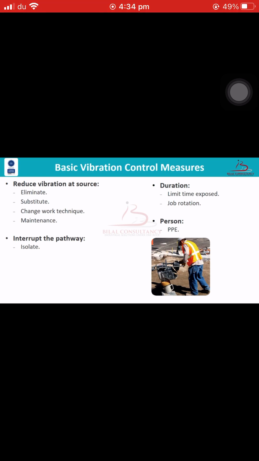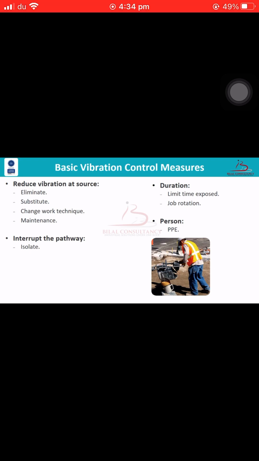The second one is interrupt the pathway. How can we interrupt the pathway? We can isolate, and we can obtain a longer distance between the source and the receiver of the vibration. By using this approach, we can easily reduce the vibration exposure. The third one is limiting the duration.